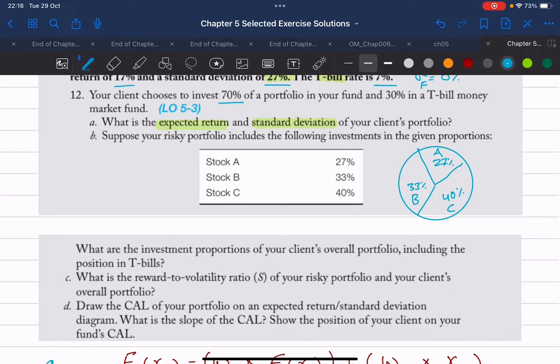What are the investment proportions of your client's overall portfolio, including the position in treasury bills, right?